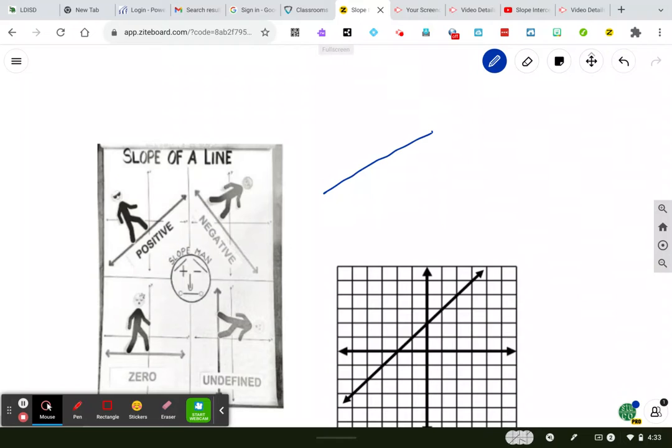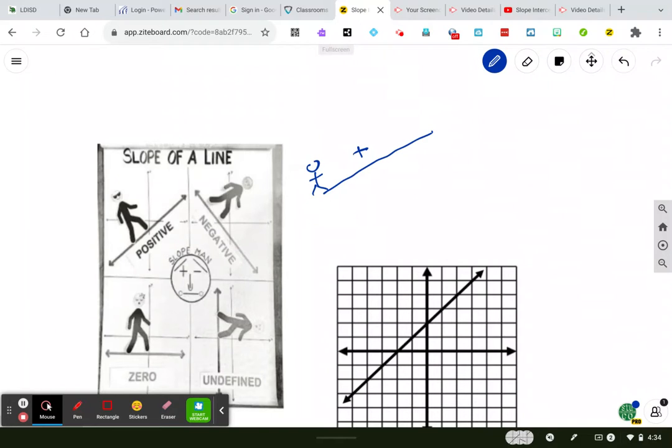But depending on how steep it is, it could be going this way. It could be like this. It could be straight up and down. It could be all kinds of different ways. But we're starting at the bottom, and we are being positive that we're going to make it to the top.